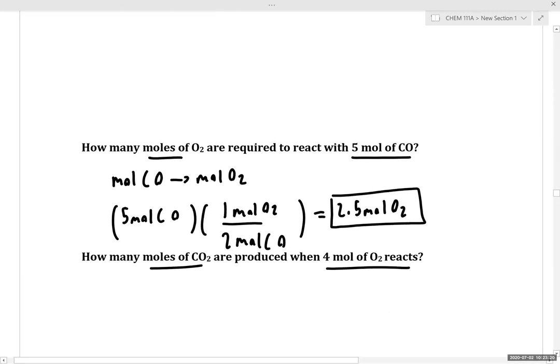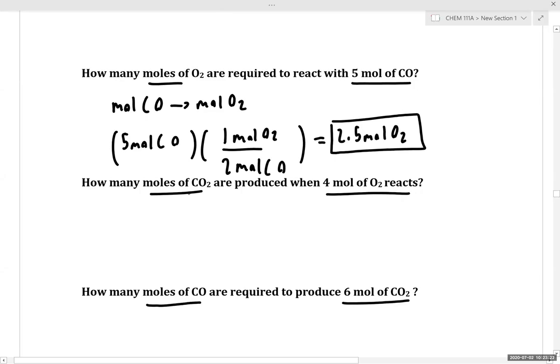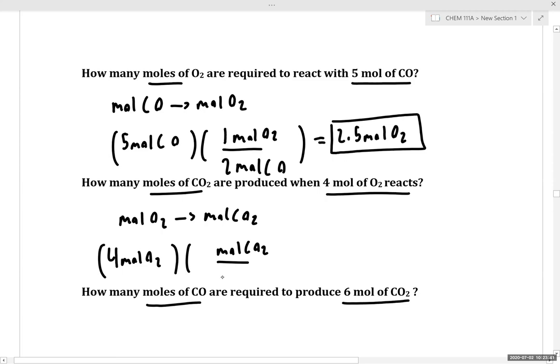Okay, let's look at this next example. How many moles of carbon dioxide are produced when 4 moles of oxygen react? So we're going from moles of oxygen to moles of carbon dioxide. Starting off with 4 moles of oxygen, let's ask the question: how many moles of carbon dioxide are produced per mole of oxygen?